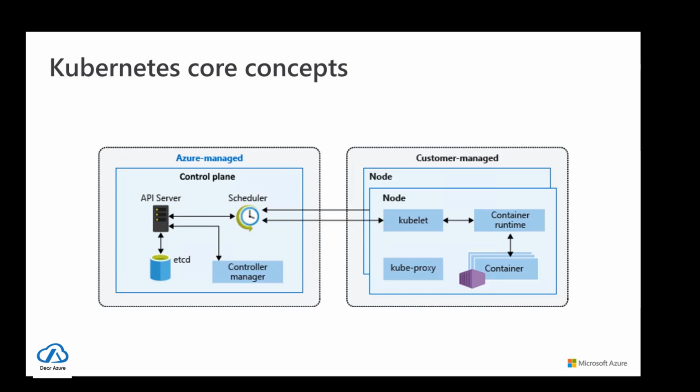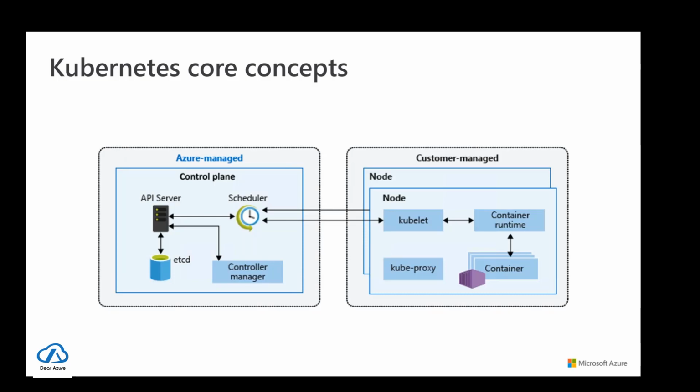So the focus is on the application workloads, not the underlying infrastructure components, and Kubernetes provides a declarative approach for deployment and an API for management, for programming the several components.